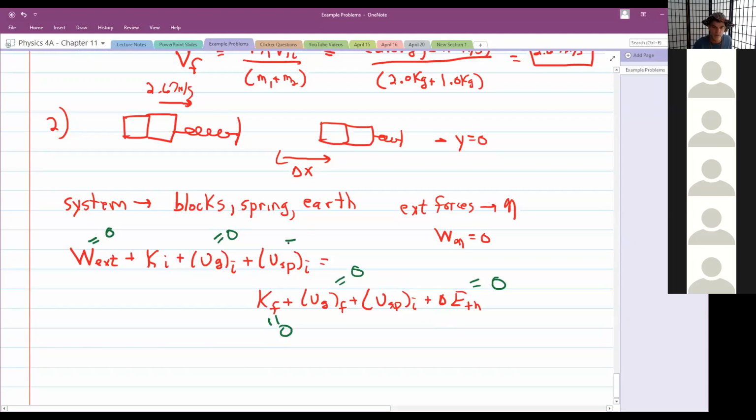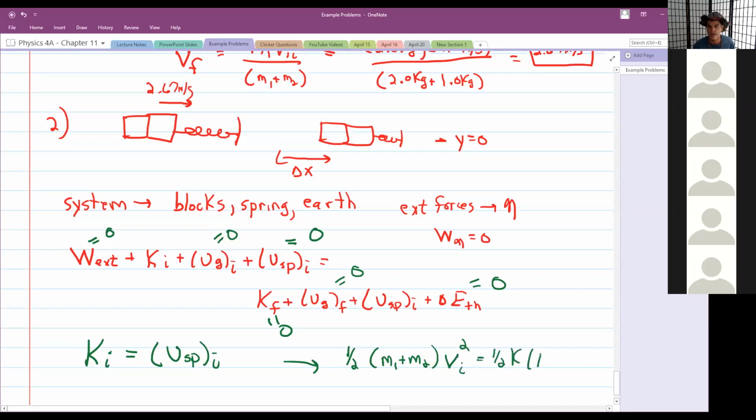Initially, before the spring starts to get compressed, it's not compressed at all. So what I end up with is the initial kinetic energy of the moving masses equals the final elastic potential energy in the spring, or 1/2 (m1 plus m2) times v squared equals 1/2 k times delta x final squared.